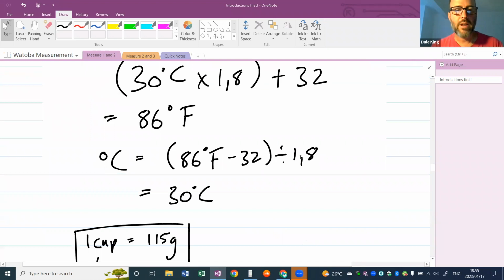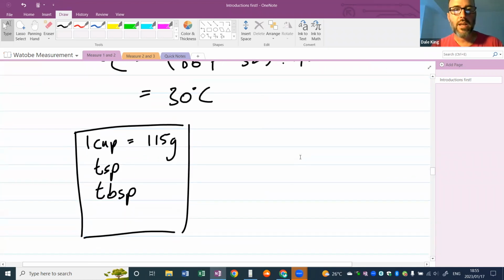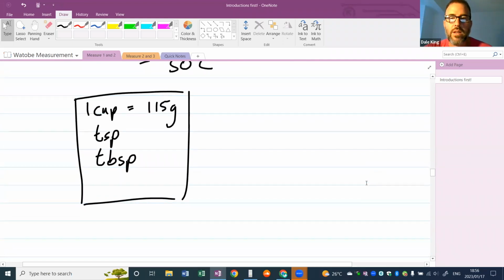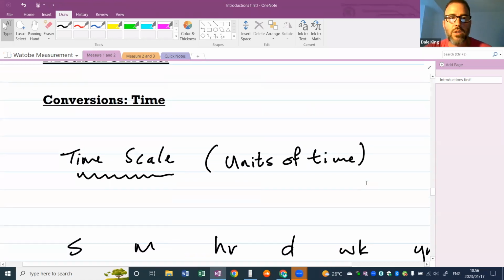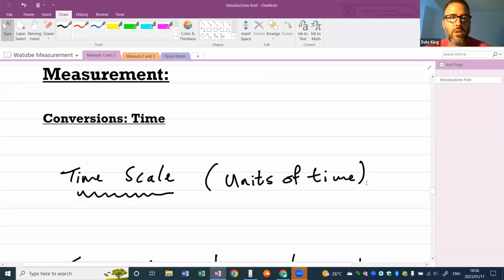Okay, I hope everyone's okay and understands that. This section will be tested in the quiz. It's going to come up on Thursday, so there'll be a couple of questions on these conversions, and you'll see them in the quiz. It's just a few marks, and then tomorrow we're going to go and do time. We're going to talk about conversions within the time system.